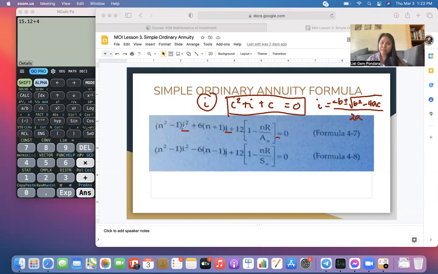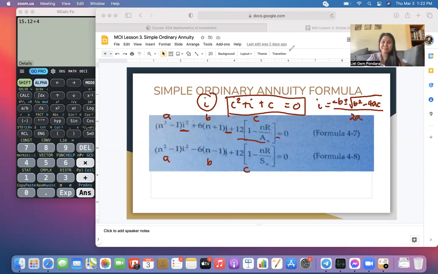Since we have I squared, I and the constant, the first one will be a, n squared minus 1. The second will be b, the 6 times n plus 1. And the third will be c. Same is true with the other one: n squared minus 1 is our a. Our b is negative 6, quantity n minus 1. And our c will be 12 times 1 minus n times r over A sub n.